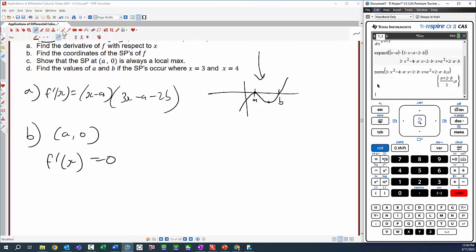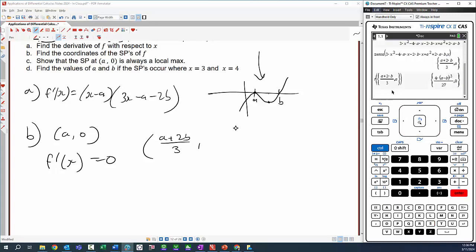We get the other one by noting that the x value is (a + 2b)/3, and all we do is feed this into f of x. It's going to be 4(a - b)^3/27. So there are two stationary points.